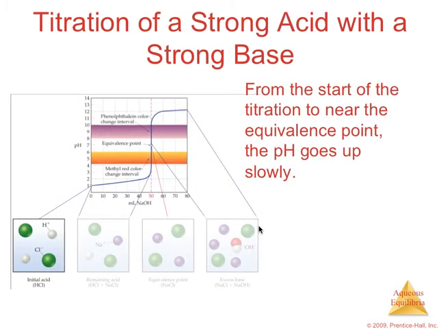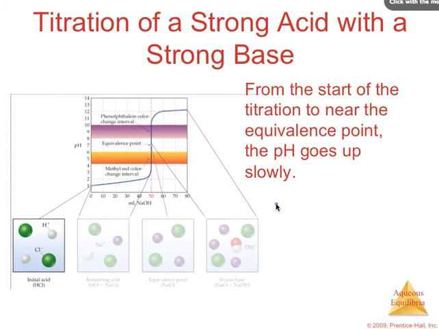All right, when we are titrating a strong acid with a strong base, this is the type of curve that we will get. And in this beginning part right here, before we've added any volume of sodium hydroxide, the pH is 1.